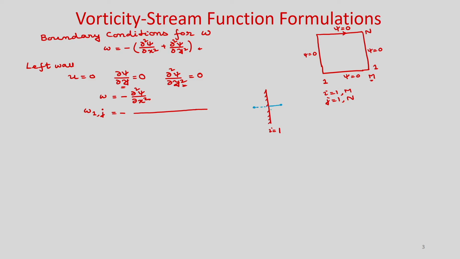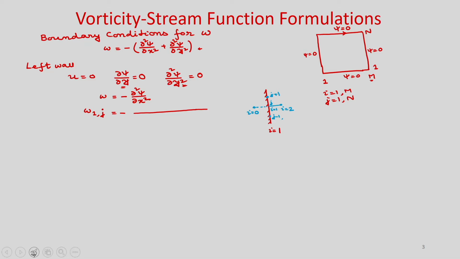Here you have I is equal to 1, here I is equal to 2 and this is I is equal to 0. And if it is j, so it is j plus 1 and this is j minus 1. But it is del 2 psi by del x square, so it is for a point j only.